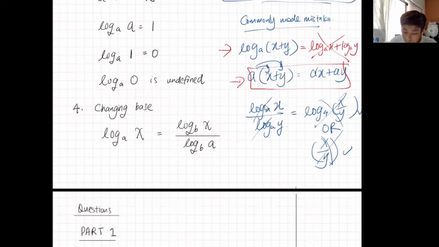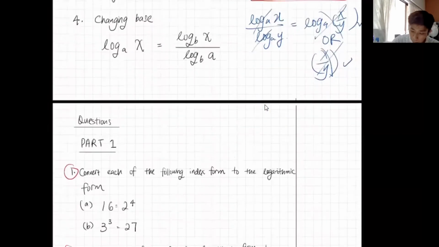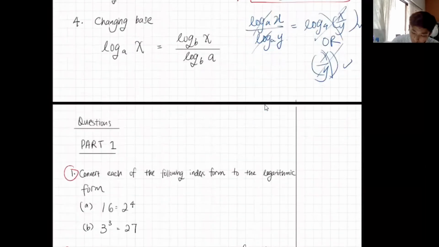So these are the commonly made mistakes. Let me see, are there any more mistakes or not? Log a x square. Okay, one more. I want to tell you one more. I'll just write it down here, okay?